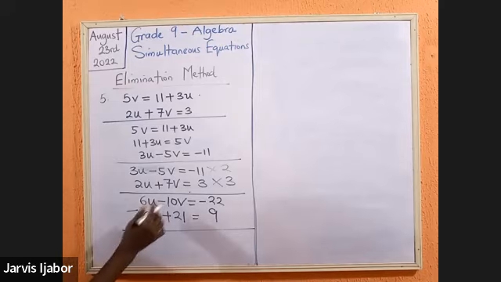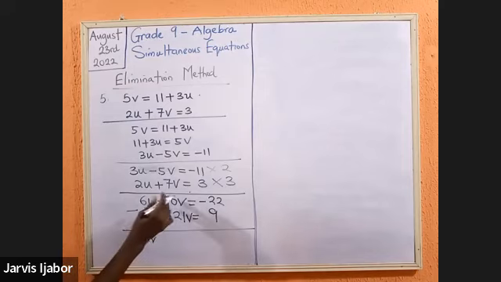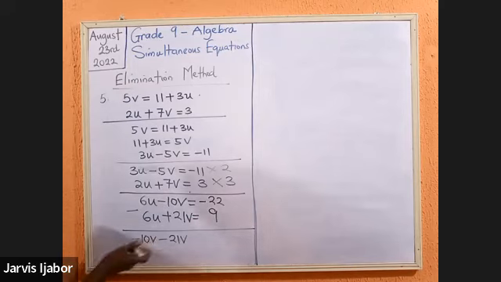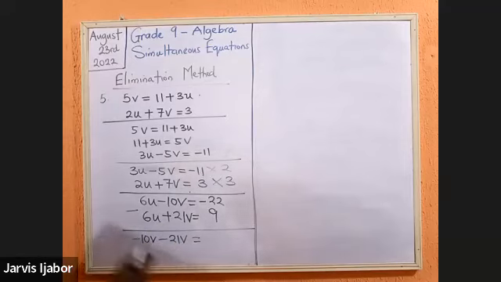Now, this will be negative 10v. Sorry, there's supposed to be a v here. Negative 10v minus 21v. I told you that when you are solving, you don't need to write this, but I do this so that for those of us that may not follow the process correctly, we know that that's what is happening.